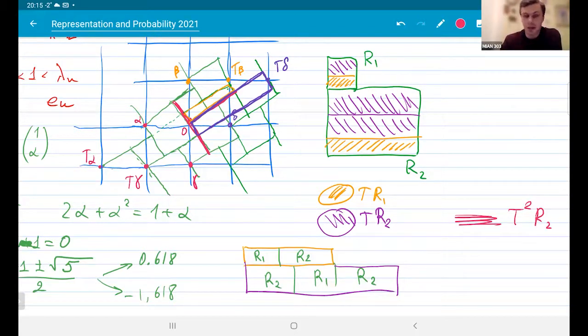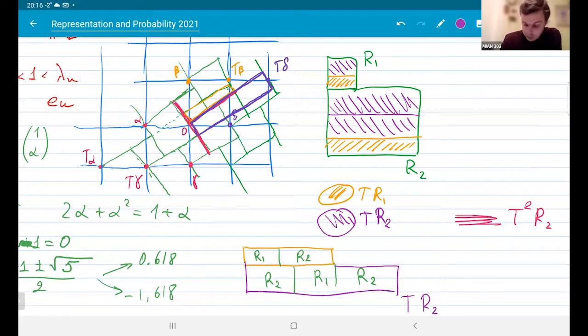Как мне это сделать? Конечно, я могу снова рисовать эти жуткие картинки с образами точек, но понятно, что там надо будет уходить значительно дальше. К счастью, ничего этого делать не надо. Вот у меня здесь нарисован этот фиолетовый отрезок T от R2.